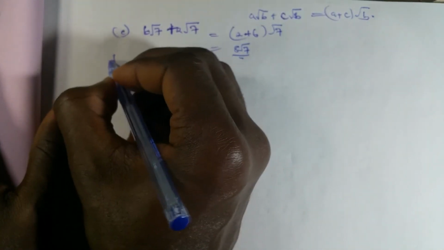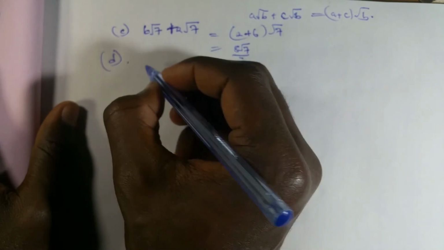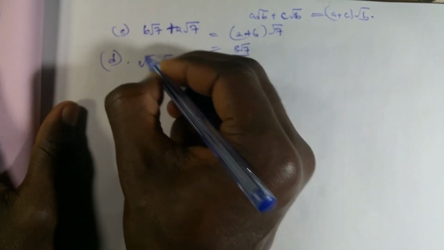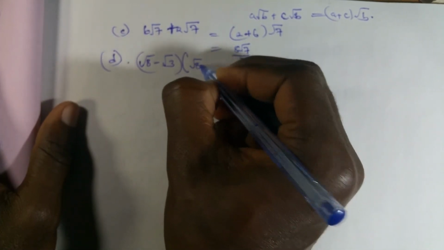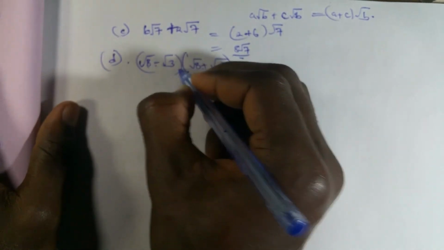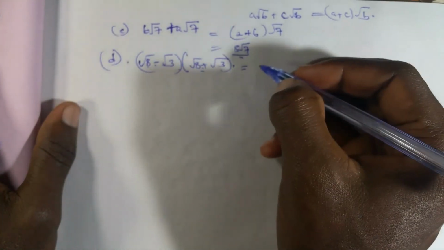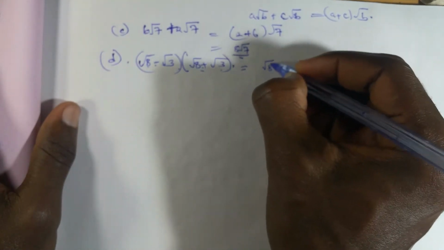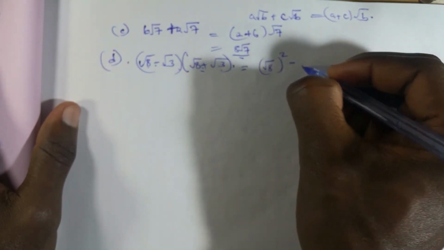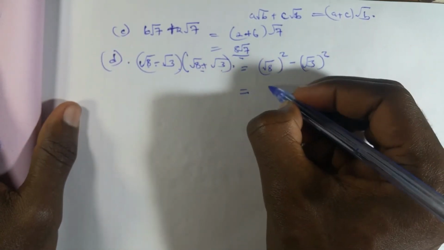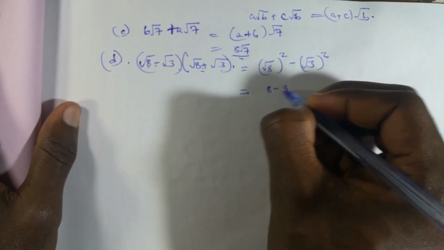Let's do one more. Root of 8 minus root of 3 times root of 8 plus root of 3. For this case, you know, plus here, minus there, same terms. We are simply going to use the difference of two squares: root 8 squared minus root 3 squared, which is 8 minus 3, which is 5.